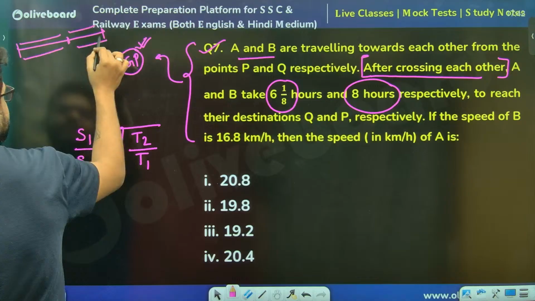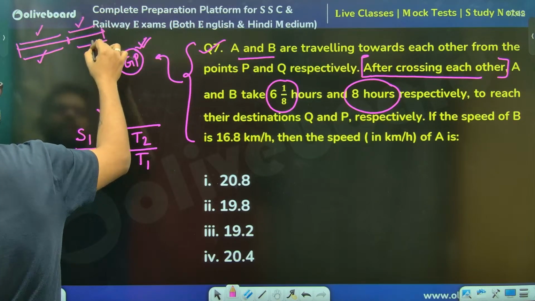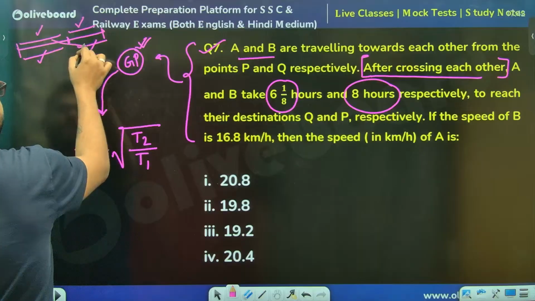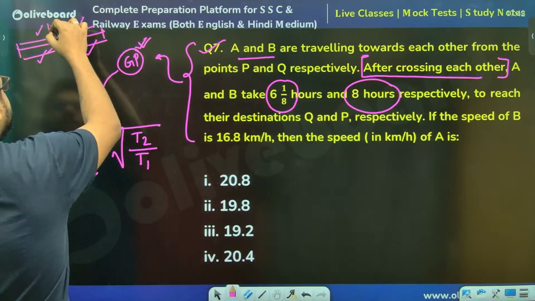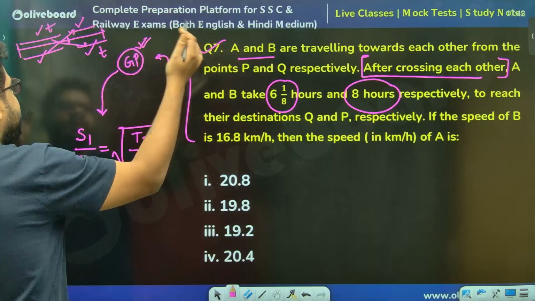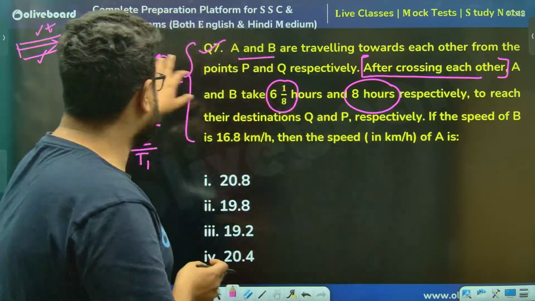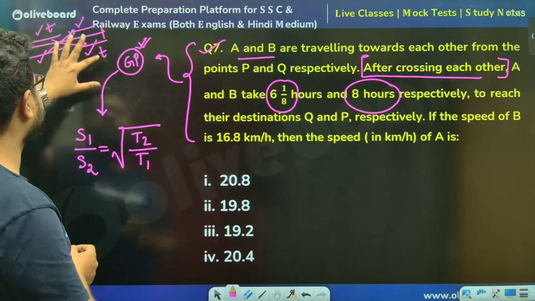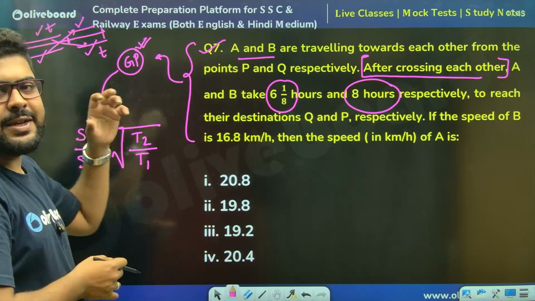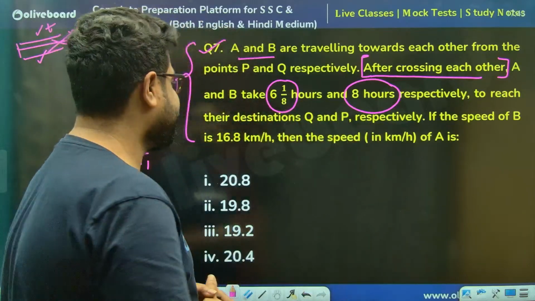This time one by this one is equal to this one by this one, or multiply crosswise. If they are meeting, then if this is t, this is also t, because they have traveled for the same amount of time for meeting. These two crosswise are always equal. So from there, t square will be this into this. Very simple concept of GP or continued proportion, whatever you want to call it.